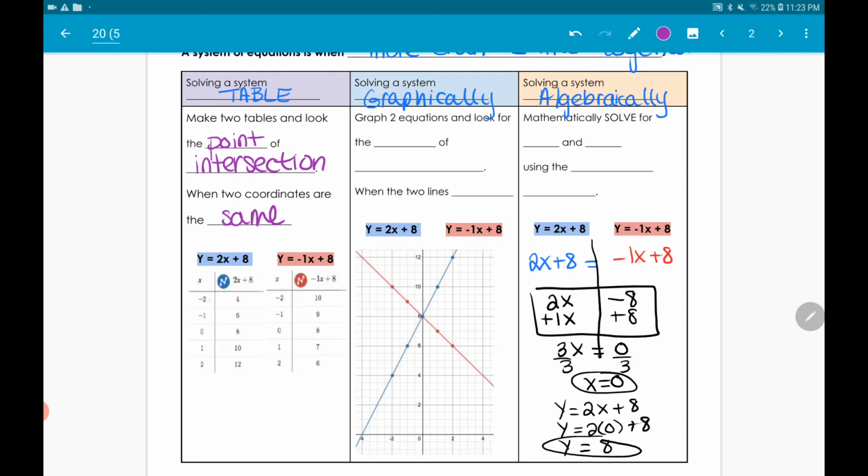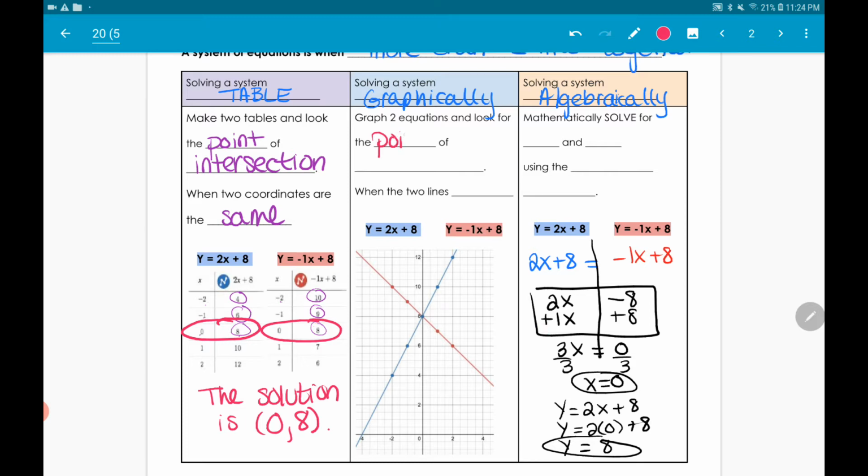So if I look at my coordinates, I have -2, 4, 10. Those aren't the same. -1, 6, and 9. Those aren't the same. 0, 8, and 8. Oh, those are the same. So that must mean my solution, the solution to the system, is 0, 8.